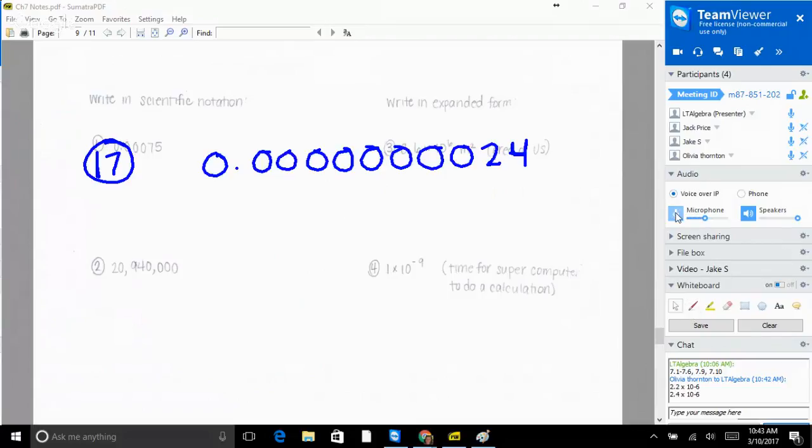Okay, I'm back. Sorry. All right, I see an answer from Olivia. Jake and Jack, do you think you have something? Yep, you're right, Olivia. All right, so the most important thing is to figure out where the decimal point goes.